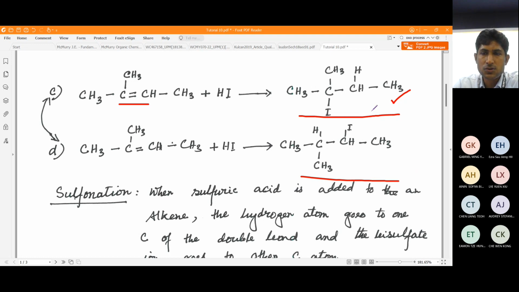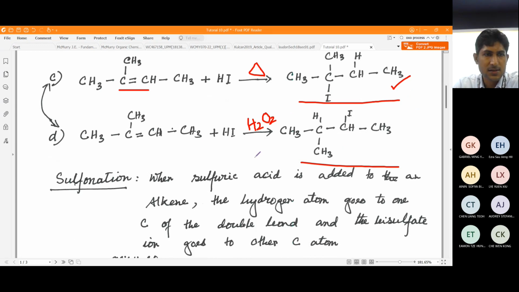But you cannot control it if you are adding this thing unless you are adding some kind of conditions, right? Only then it will be much more probable to have most of this one type of product.